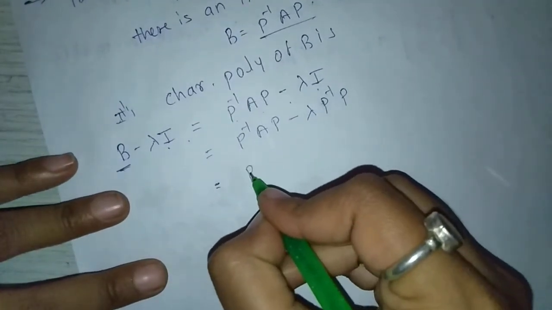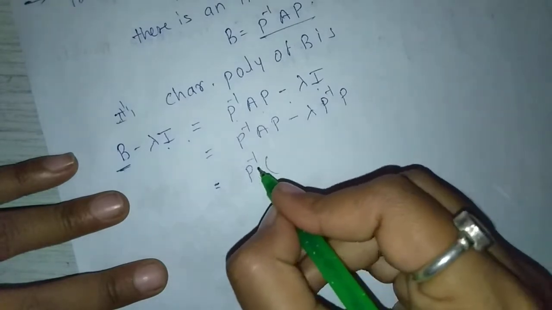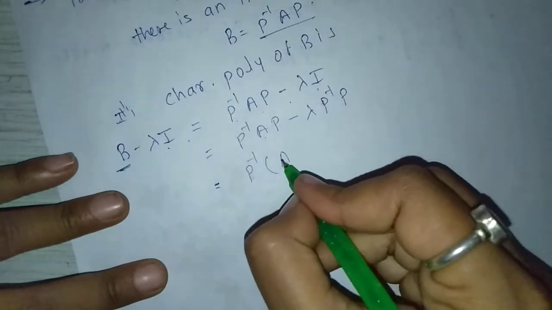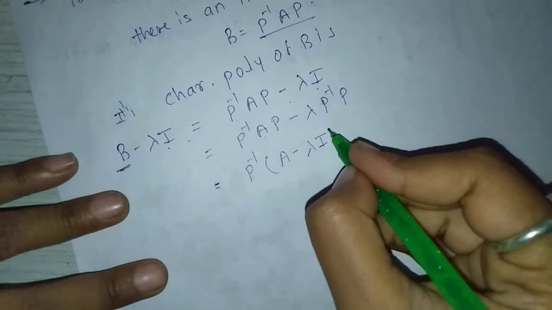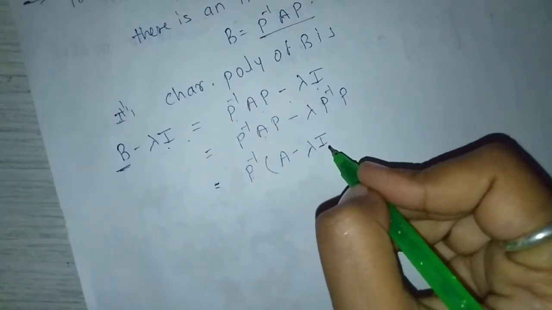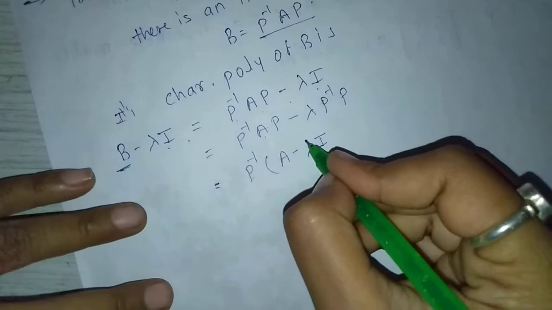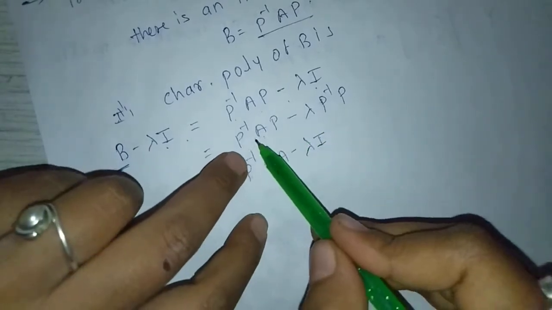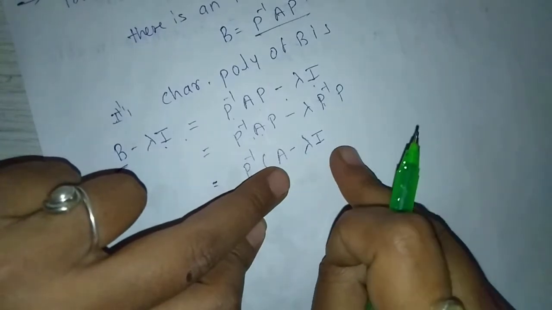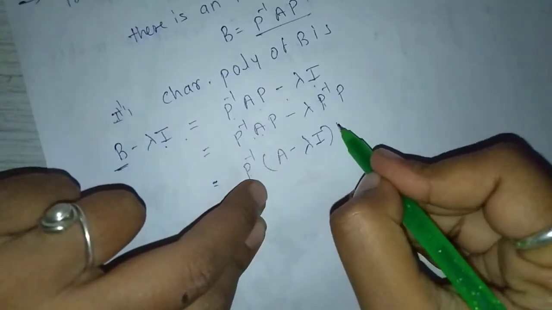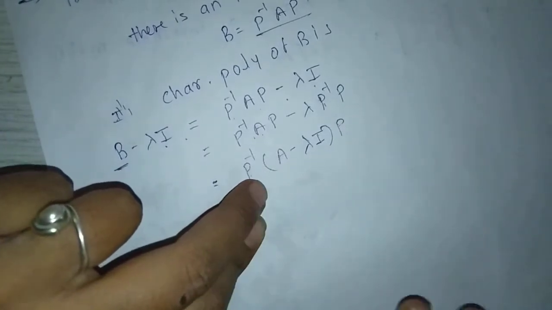Now take P inverse and P common, we get P inverse into A minus lambda into I, because you cannot take lambda alone as this multiplication is in matrices. So minus lambda into I, and take P common here.